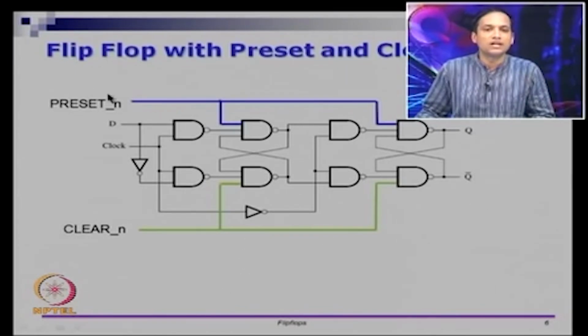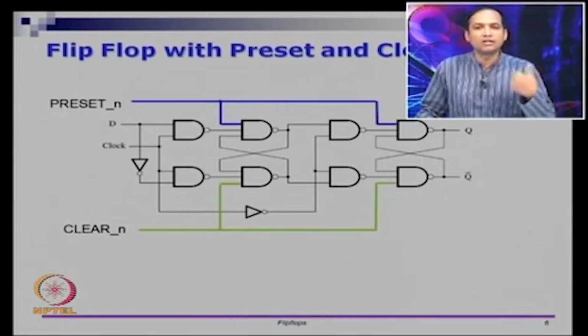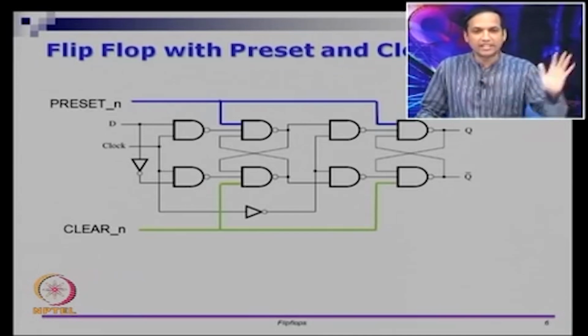Okay. Now let us see what the preset and clear do. The first thing to notice is preset is not just preset, it is marked with preset underscore n. What we are doing here is what is called negative logic. The word preset means you want the flip flop to be 1 even without data input.